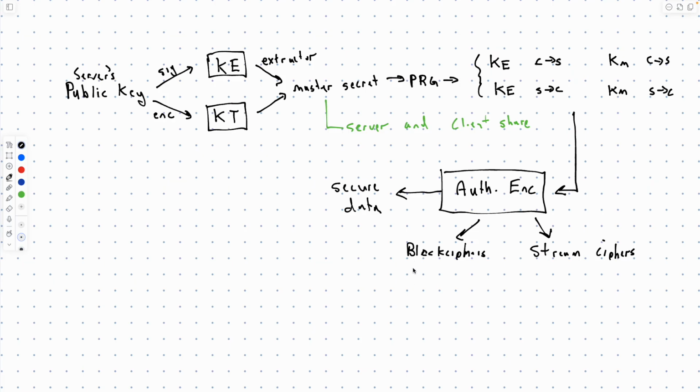Examples of a block cipher would be AES, and then there are older ones like triple DES, and some other weird ones too. For a stream cipher, an older, legacy one would be RC4, and the newer one is called ChaCha20.